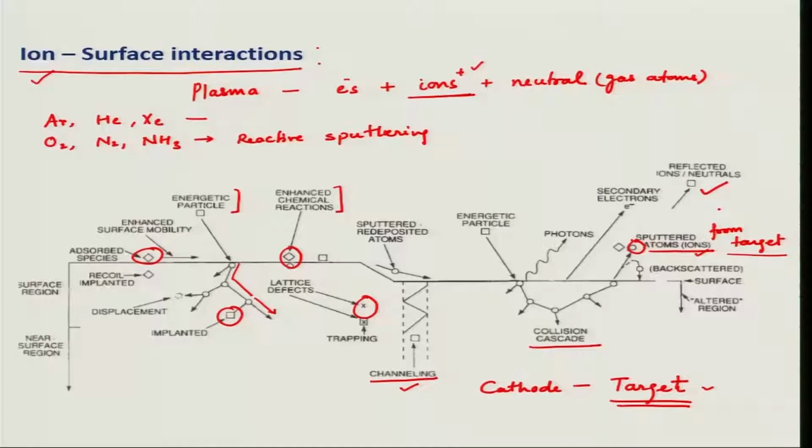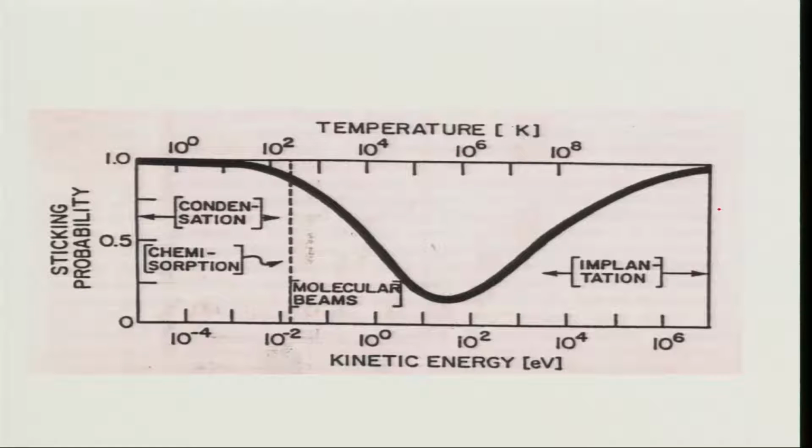Now let us have a look at the energy distribution of the ions in which many of these activities of ion surface interaction take place. As you see, on the y axis we have a coefficient called sticking probability alpha, and here we have the kinetic energy of ions which are bombarding the surface of my target.